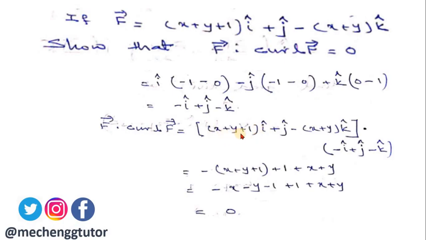So here it is x plus y plus 1, here it is minus 1. So minus of (x plus y plus 1), then 1 into 1, plus 1, then minus of (x plus y) into minus 1 will give you plus (x plus y). Cancel plus x plus y with minus x minus y, minus 1 plus 1. So the value of f bar dot curl f bar is 0. Simple problem.